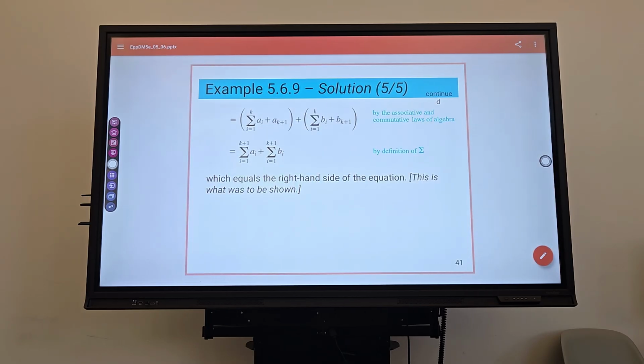And then by associative and commutative laws of algebra, rearrange the terms, and then you get the summation from 1 to k of a sub i and the summation of b sub i, which equals the right-hand side of the equation, which was what was to be shown.